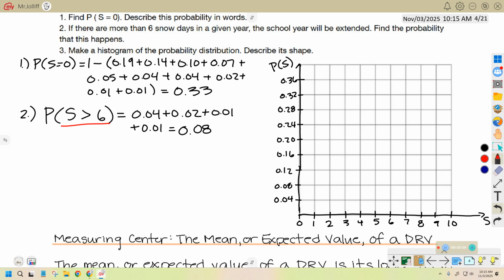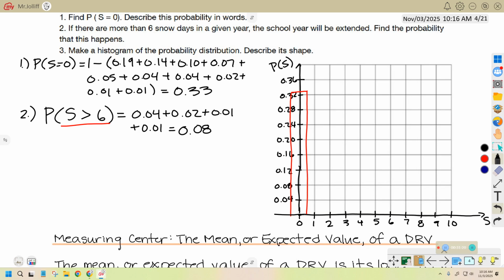And I want to go half my box. Yeah, I know. That's just because I didn't make my grid big enough. But that's where that first one would sit. Centered about 0, yeah?